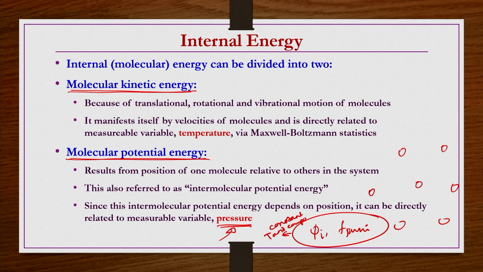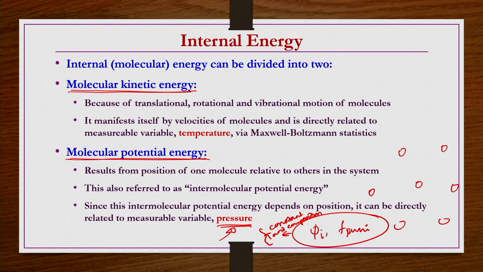Pressure we cannot take as constant if we want to bring in the effect of non-ideality, because the measurable variable in the case of molecular potential energy is pressure.